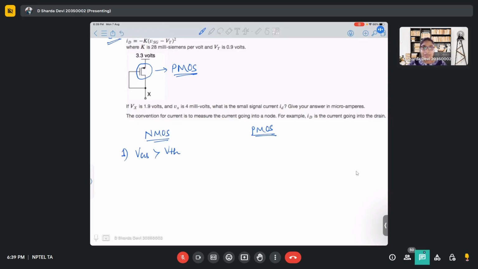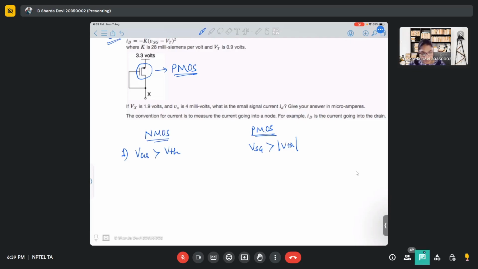What will be the condition for PMOS? It is VSG should be greater than mod of VTH. Why mod? Because for PMOS you will need negative voltages. Is this clear? In PMOS all the voltages will be negative, and in NMOS all the voltages will be positive. The terminal voltages I am talking about.